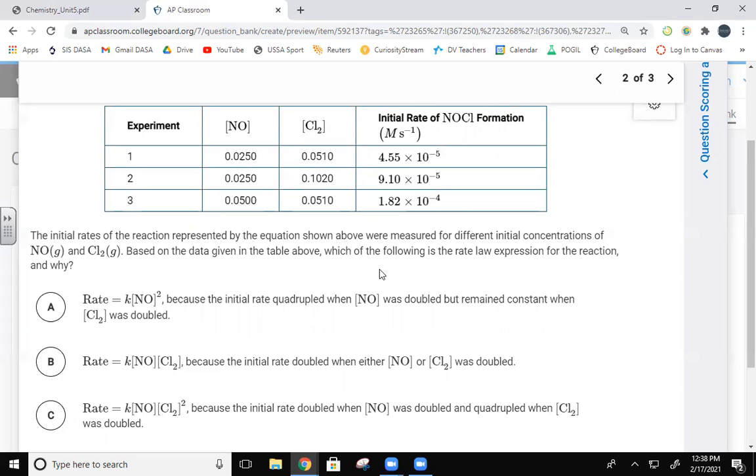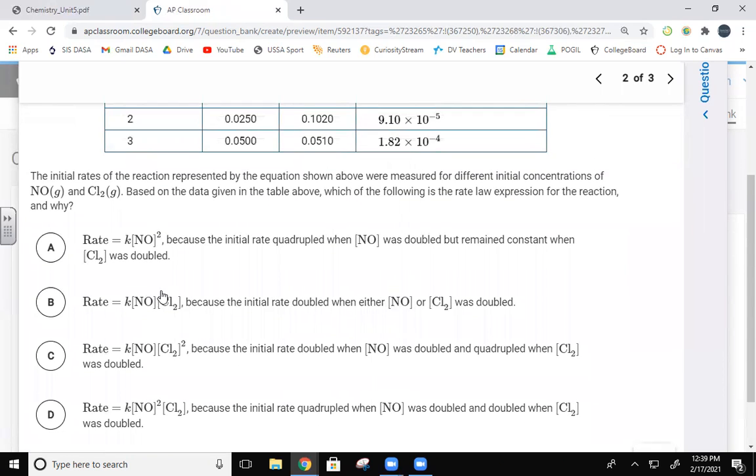So based on the data given in the table, which of the following is the rate law expression of the reaction? Rate equals k[NO]^2. Based on the initial rate quadrupled when NO was doubled, but remained constant when Cl2 was doubled, looking at the numbers on the table.